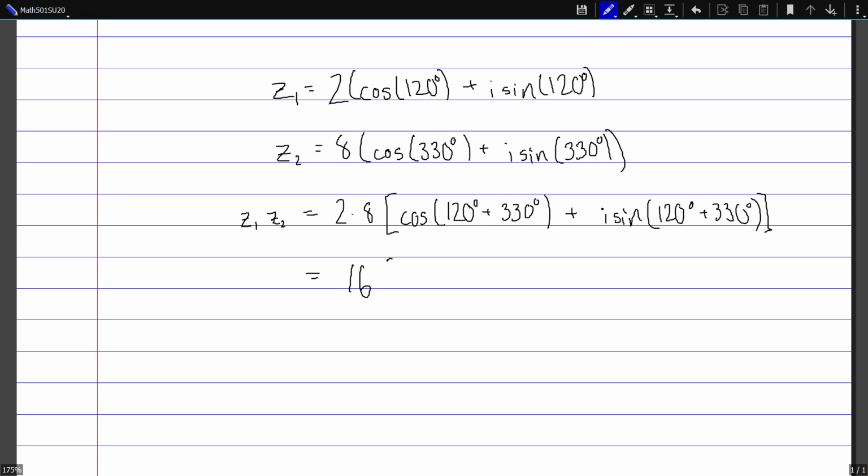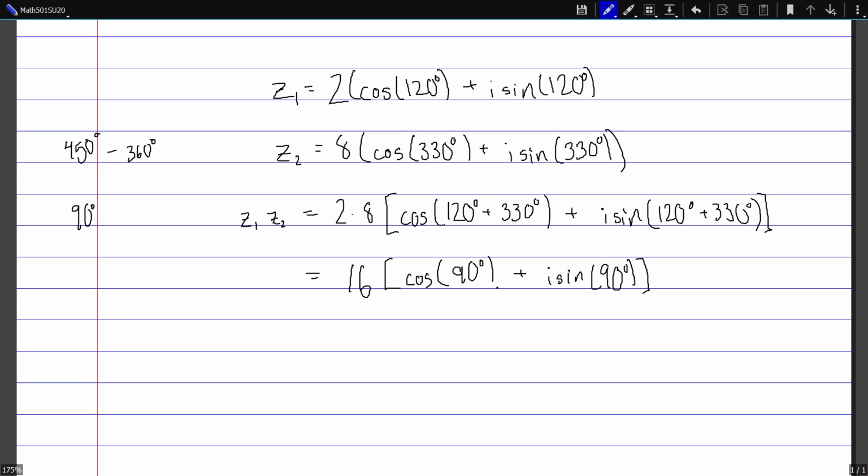Underneath these in the arguments, we're going to have cosine of 450 degrees, which is not super helpful because that's not one that I'm familiar with. Well, I can go ahead and use coterminal angles. I'm going to subtract 360 degrees to get something else that's a little bit easier. That'll give us 90 degrees. So this is cosine of 90 degrees plus i sine of 90 degrees.